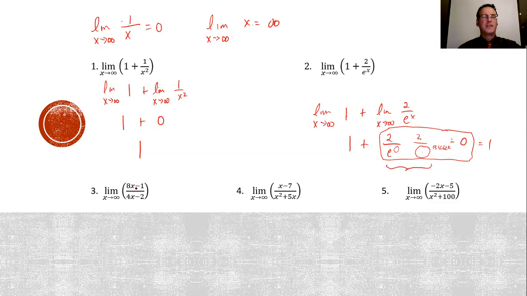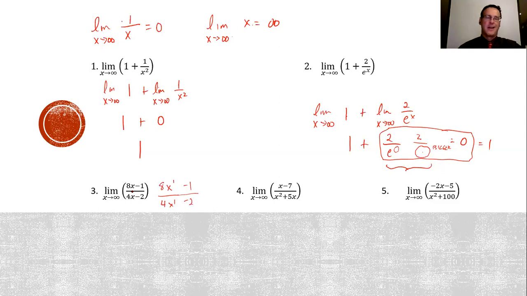All right, now you'll notice here that you have an x in your denominator, but you also have an x in your numerator. The highest power in your numerator is the term 8x to the first, and the highest power in your denominator is 4x to the first. The subtract 1 and the subtract 2 are fairly insignificant when you think about x going to infinity.